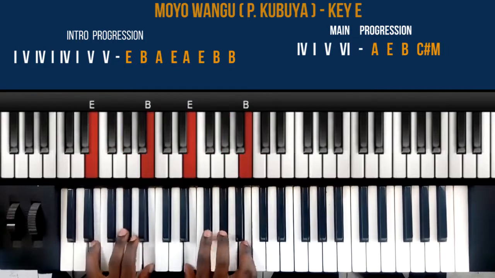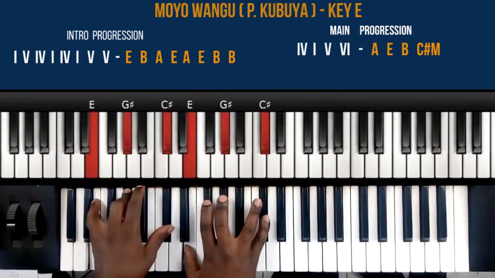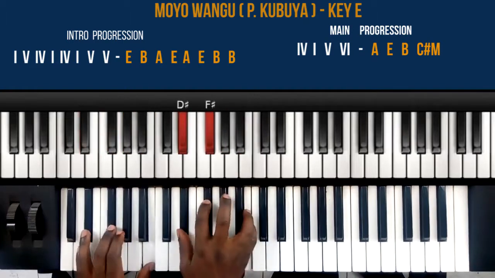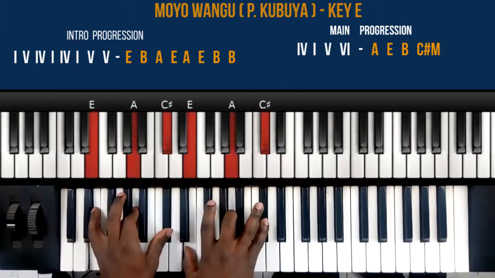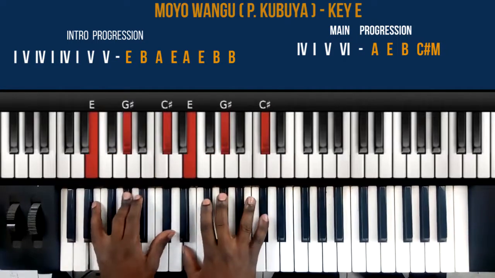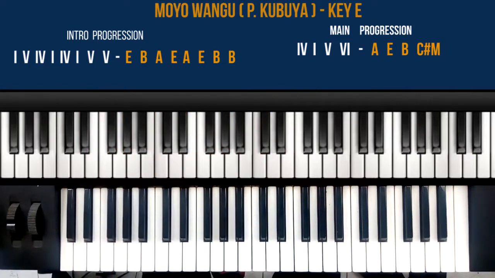Moyo wangu usilie, moyo wangu usibabaike. So that's how you play the whole song, because apart from the intro, the other part of the song will just be the 4, 1, 5 and 6 progression.